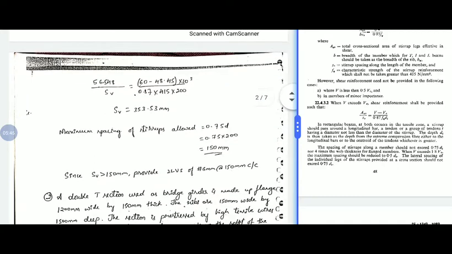That means your spacing should be restricted to 0.75 times the effective depth. 0.75 into effective depth 200 gives 150 mm. By comparing these two values, we consider SV equals 150 mm and provide 2-legged vertical stirrups of 6 mm diameter at 150 mm center to center. This is about the shear reinforcement we need to provide in the section.